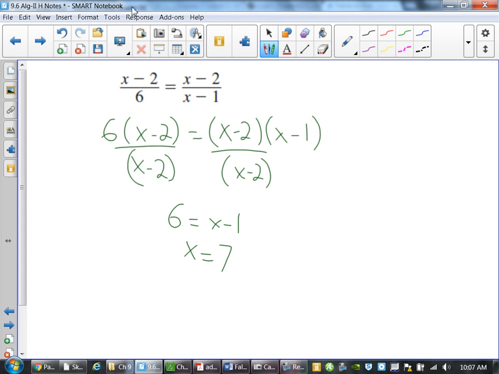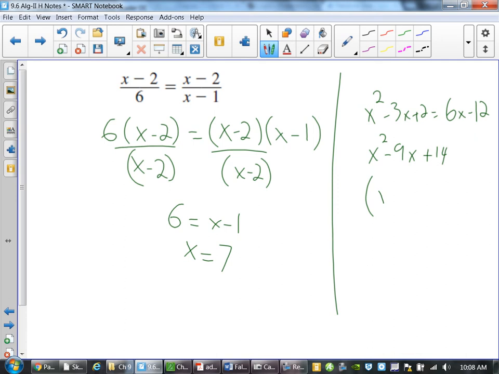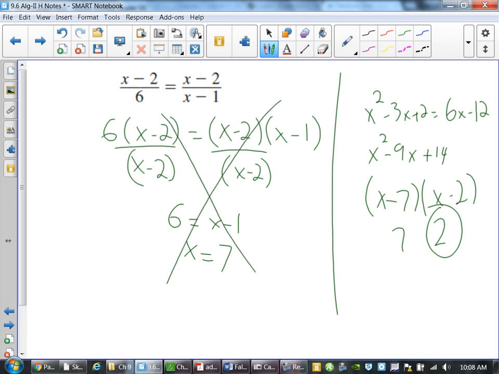So when you go the long way, you had x squared minus 3x plus 2 is 6x minus 12. Move things around. x squared minus 9x plus 14. x minus 7, x minus 2, so you have 7 and 2. So if you do it this way, you're only half right.